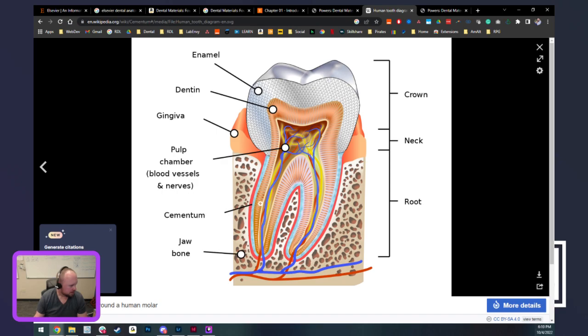So the cementum is here. So the cementum is this boundary layer, soft boundary layer of the tooth.